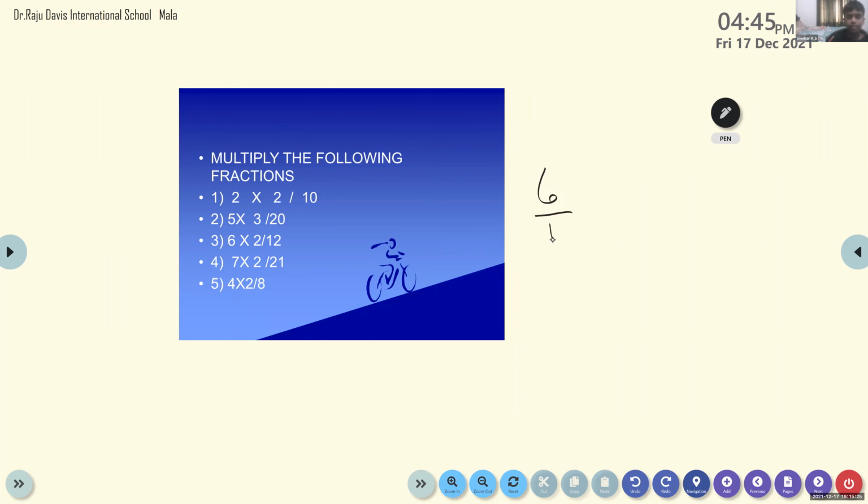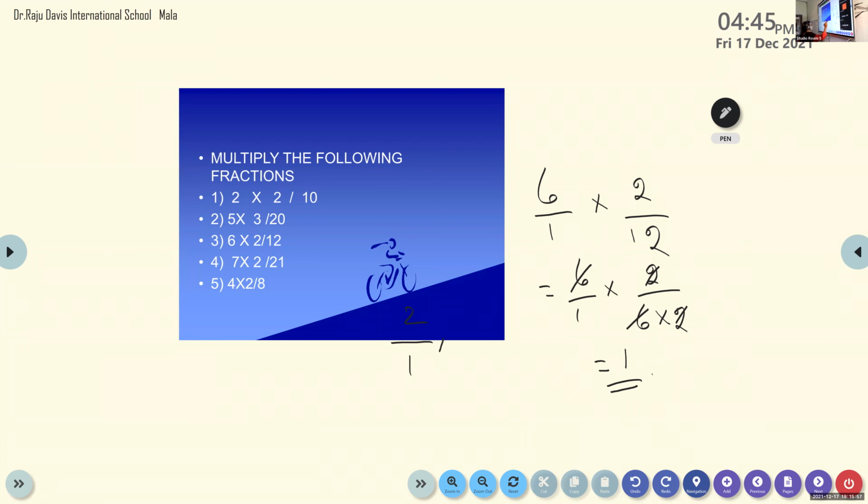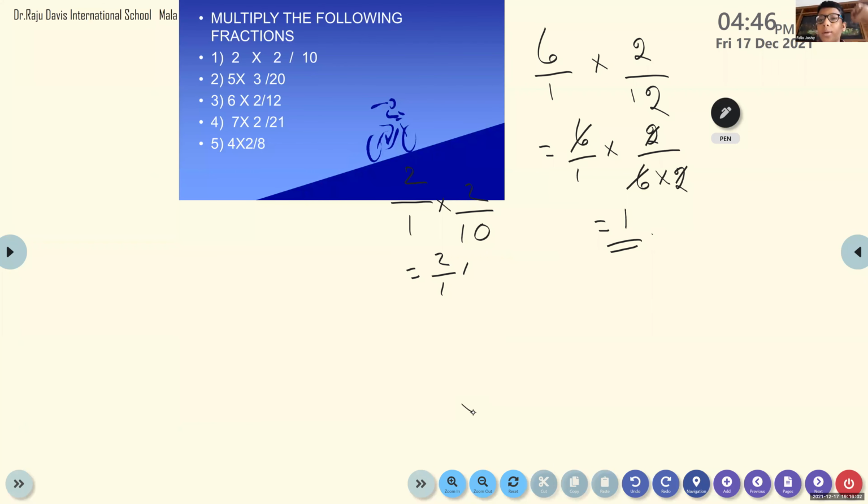6 divided by 1 into 2 divided by 12. 6 divided by 1 into 2 divided by 6 into 2. In the first question, in that, we should cross. There are 3 common numbers, right? There are 3 2s. That is 2 by 1 into 2 by 10. Ma'am, first 2 by 2, right?